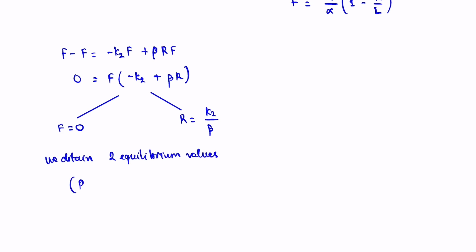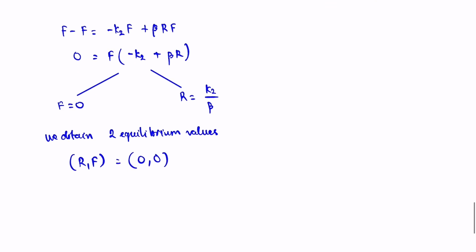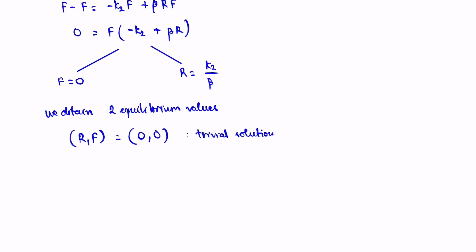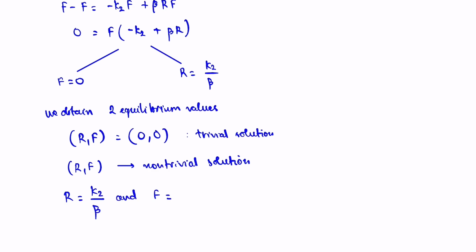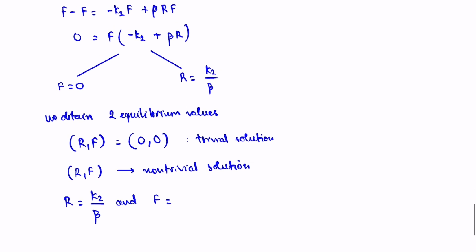The first one is the trivial solution, R, F equal to 0, 0. And for this solution, the populations of rabbits and foxes will die out from the ecosystem. And we're going to have R, F to be a non-trivial solution, where R is equal to K2 over beta, and F depends on the value of R we just have, which is K2 over beta.